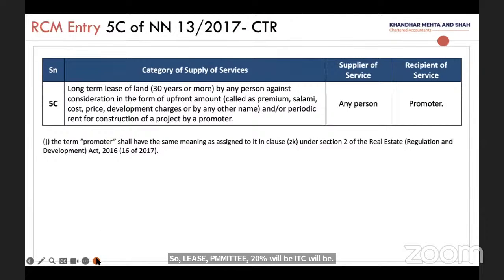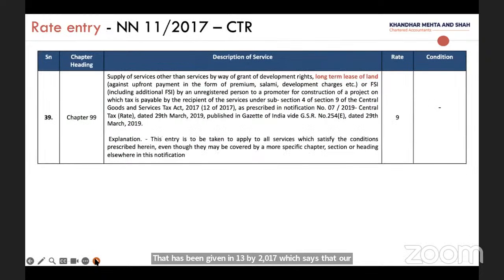This is that reverse charge RCM entry that has been given in 13/2017, which says that RCM will be applicable on the promoter for this long-term lease that is used for the construction of the project by the promoter. And this particular rate entry says that 9% GST or 18% GST will be applicable on such transactions.